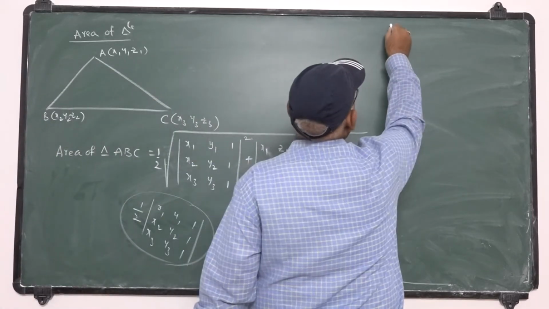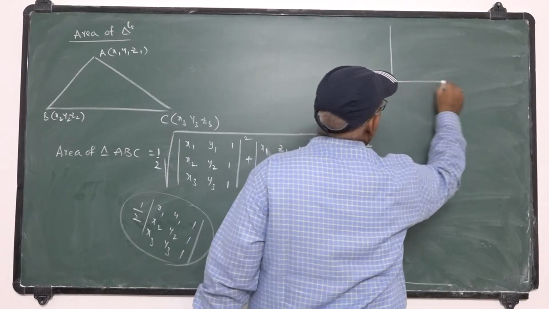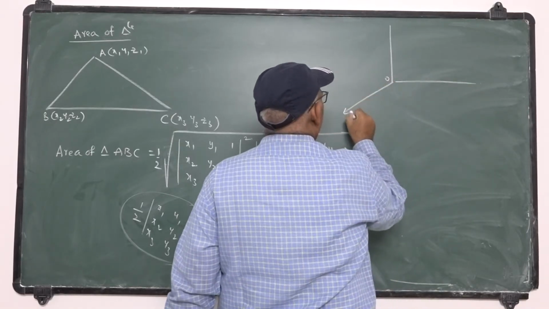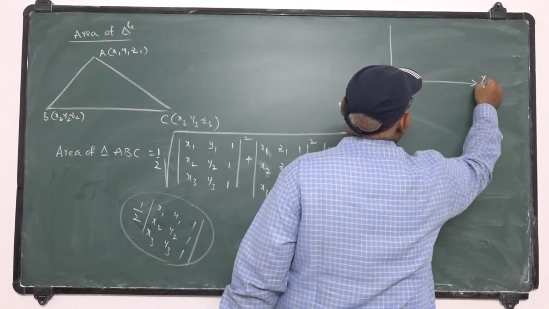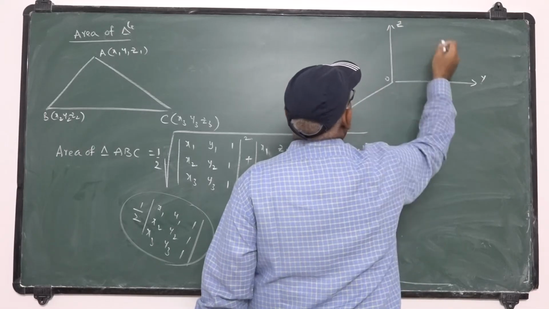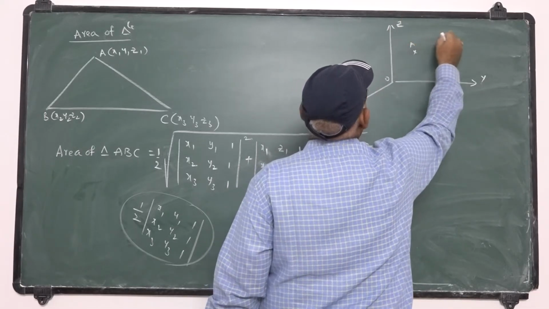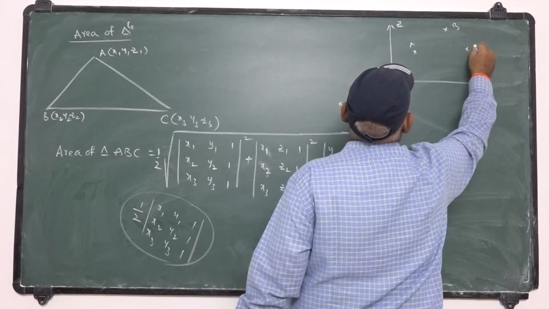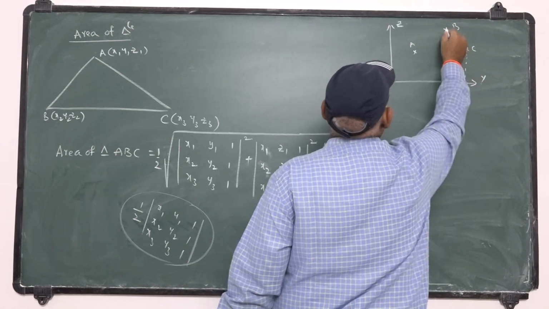I will show it like this. This is the X-axis, this is the Y-axis, this is the Z-axis. Let us consider A, B, C, three non-collinear points.